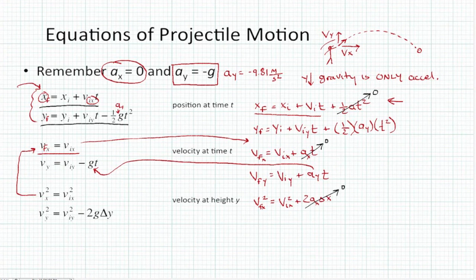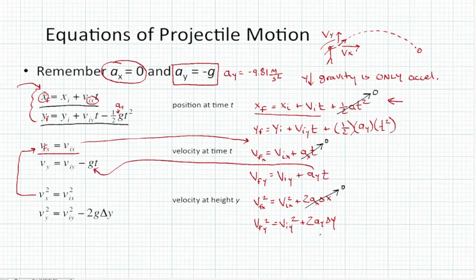This doesn't change very much, even though we made some substitutions. Velocity final in the y direction squared equals velocity initial in the y direction squared plus 2 times the acceleration in the y direction times a change in the y position, or the y displacement.